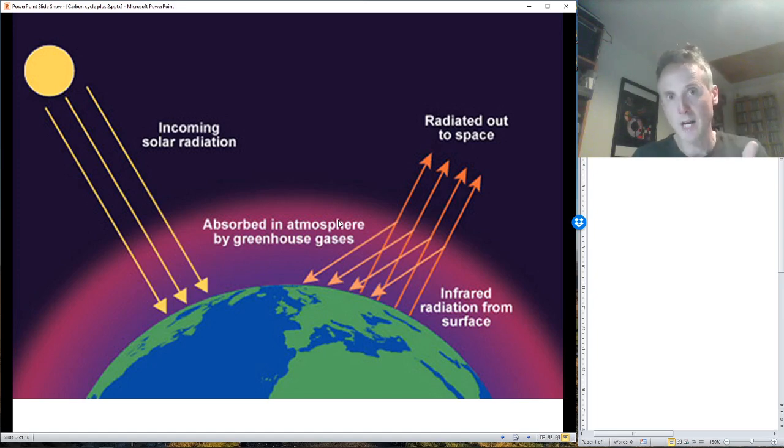And the more CO2 and methane you have, the hotter and hotter it can get. And it's something that we're worried about now because we're releasing lots of CO2 due to burning fossil fuels. That has a warming effect on the atmosphere, therefore the planet's warming, and that has a whole set of ecological effects that we go through.